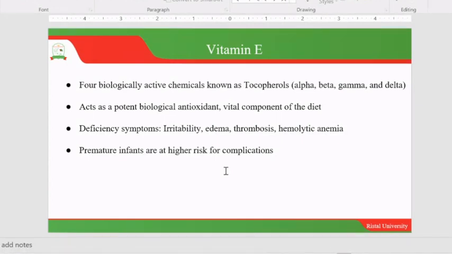So now let's introduce ourselves to vitamin E, or what we call the tocopherols. Okay, and they are biologically active chemicals known as the tocopherol. We have the alpha, the beta, the gamma, and the delta, and we had seen that these play very key roles in protecting the cells from damage by free radicals.